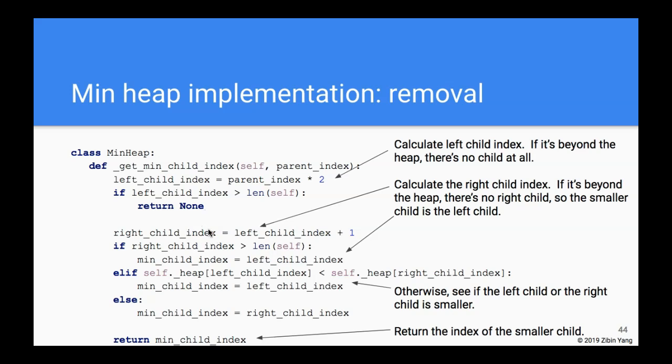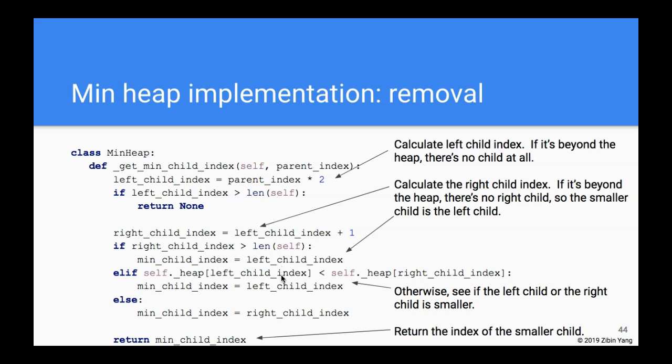Otherwise, we figure out the right child index as well, which is just the left child plus 1. Now it's possible that the right child is beyond the end of the heap, which means there's no right child. In that case, the left child is by default the smaller of the two, right? So the min child index would be the left child.